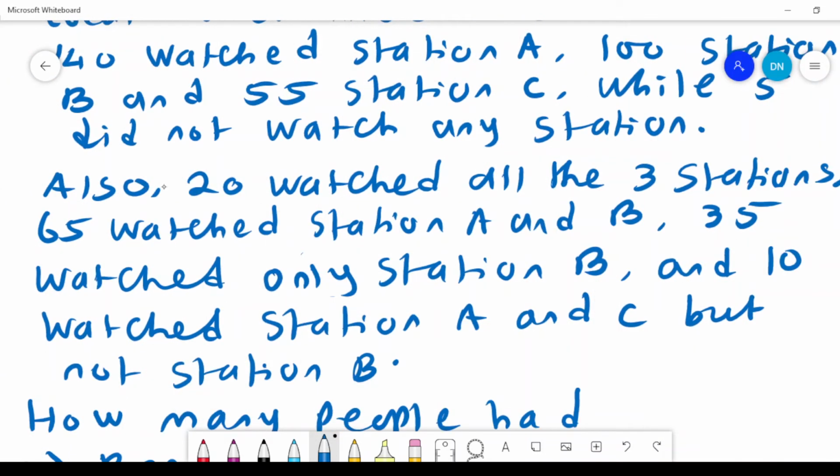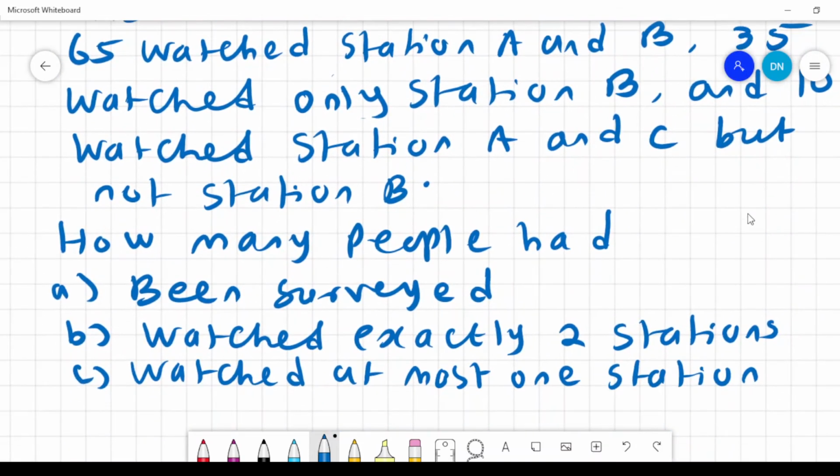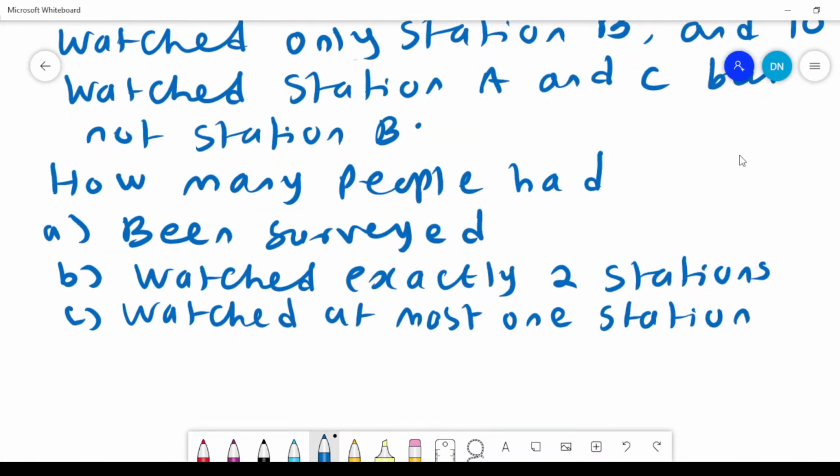Also, 20 watched all 3 stations, 65 watched Station A and B, 35 watched only Station B, and 10 watched Station A and C, but not B. So I want to answer the following questions: A, how many people were surveyed? B, how many watched exactly 2 stations? And C, how many watched at most 1 station?